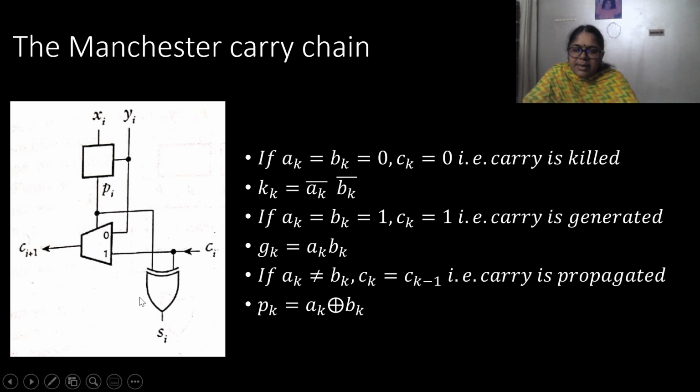And the sum is obtained by performing the XOR operation of P with the old carry, where P is Xi XOR Yi, and XORed with Ci will give us Xi XOR Yi XOR Ci.